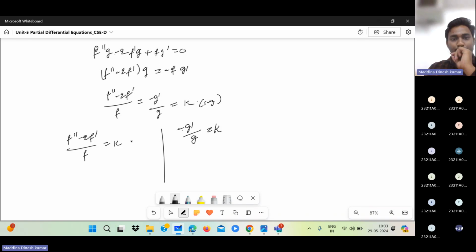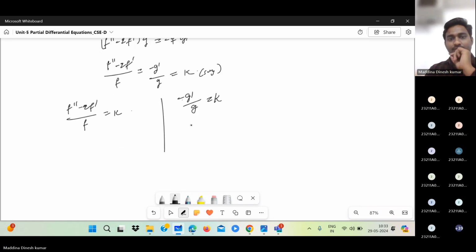Now see here, minus g dash equal to kg, that is, minus g dash minus kg equal to 0. Then you will get g dash plus kg equal to 0.